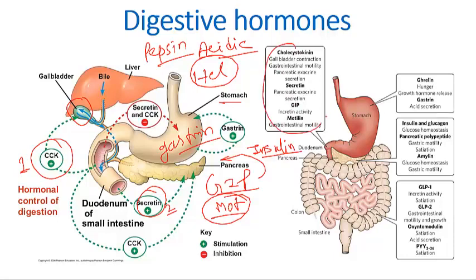We talked about these four hormones in the middle that act mostly in the duodenum. There are also other hormones, GLP-1 and GLP-2, which are released in the large intestine. We are not interested in talking about those much, but these hormones are more important in the regulation of the digestive system in our body. That's why we talked about both the hormones secreted by the stomach as well as the small intestine, namely the duodenum region of the small intestine.